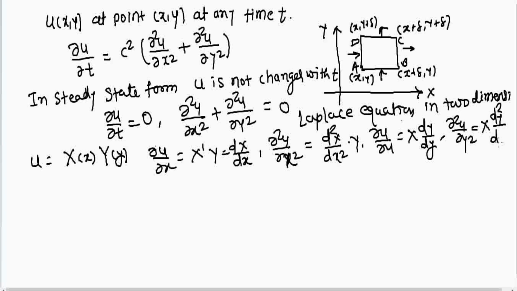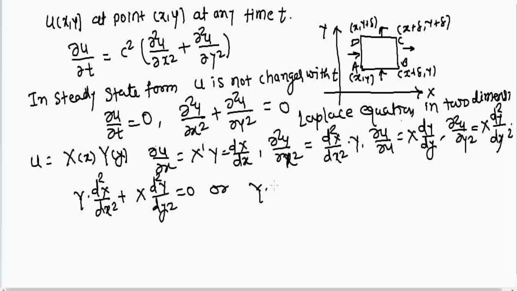Now substitute this value in the given equation. We have capital Y into d2X by dx square plus capital X into d2Y by dy square equal to 0, or capital Y into d2X by dx square equal to minus capital X into d2Y by dy square.